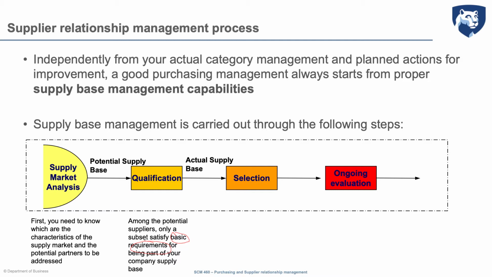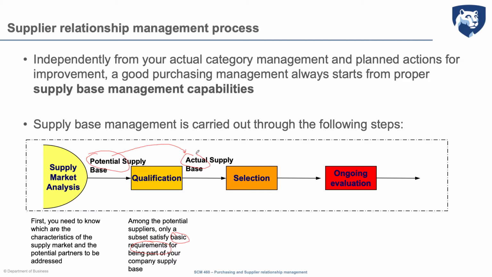A qualification process realizes what is called the actual supply base. So from potential suppliers, I step to actual suppliers, which can be activated whenever a need arises. Potential suppliers are those that are potentially able to satisfy my need. The actual suppliers are instead those that meet my basic qualification criteria.